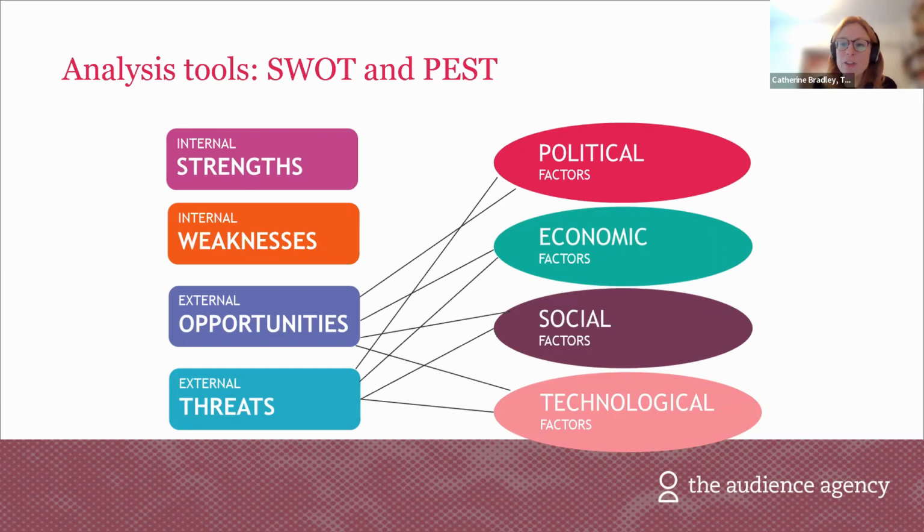Also useful for further interrogating your external environment is the PEST analysis. This can really help to focus your thinking about the external factors that might affect your organisation's ability to engage with audiences. So the P is political. That might include things like government interventions or policies, local government, national government.